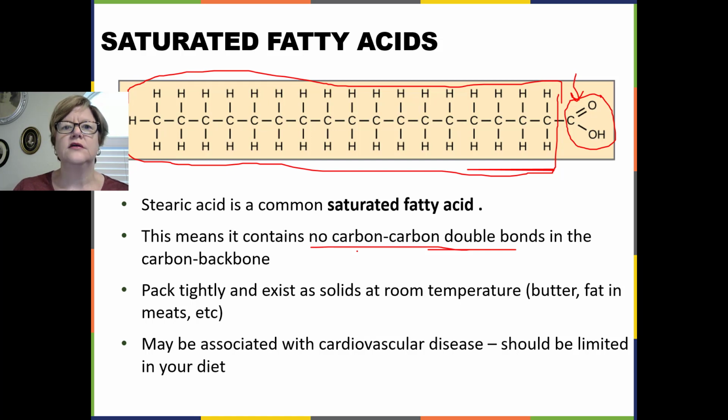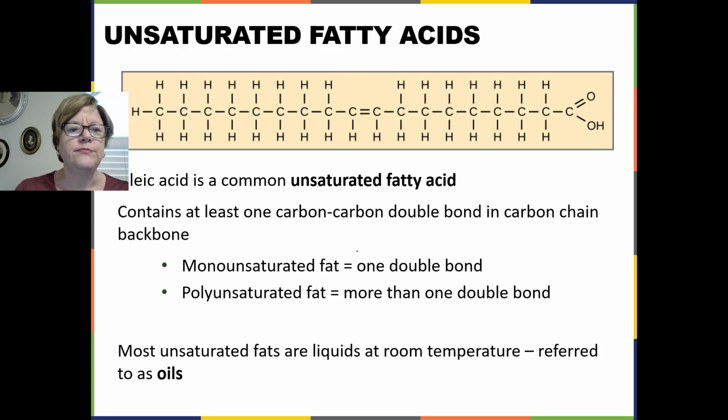So meat fat, butter, fatty meats, lard. That's why they cause trouble, is that they have these straight structures and they can pack together and form these solids. Now, unsaturated fatty acids. So here's an example of an unsaturated fatty acid.